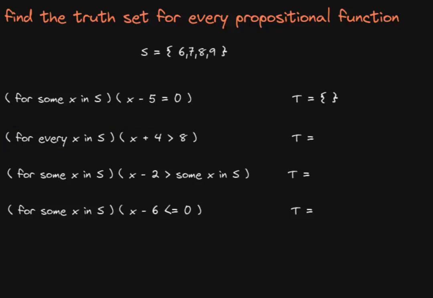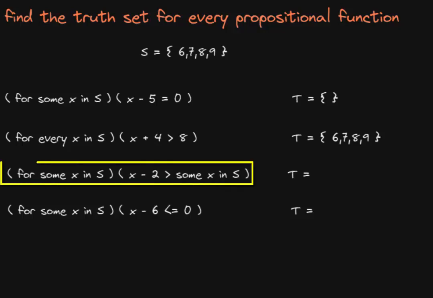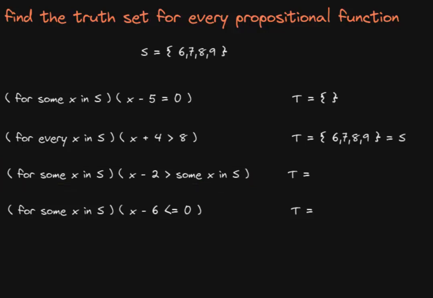If we add 4 to every element, it will result in greater than 8. 3. Some value in the set S is greater than another set S element. After subtracting 2, 9 minus 2 is 7, that is greater than 6. 4. Some value in the set S is less than or equal to 0 after subtracting 6. This is the 6 itself.